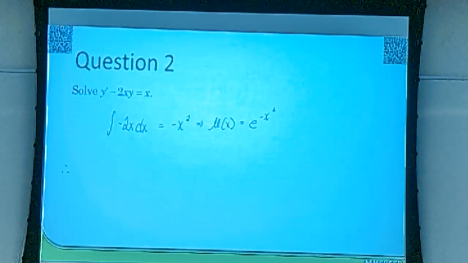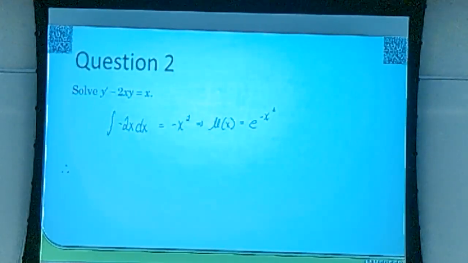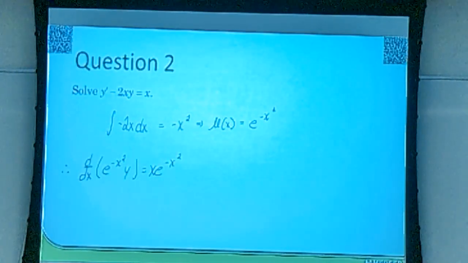Multiply through, and a lot of the time I just skip that intermediate step and jump right to it. So we're always going to be raising e to the power. That's your integrating factor.